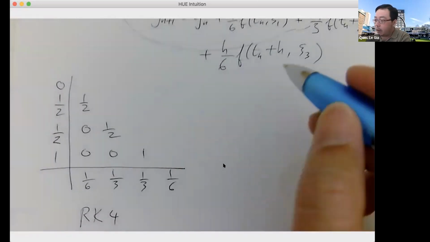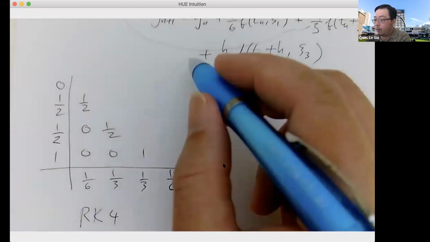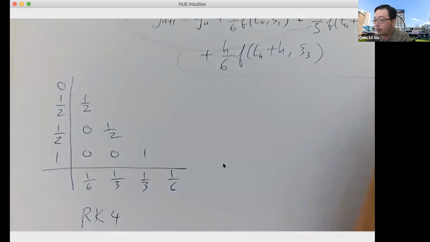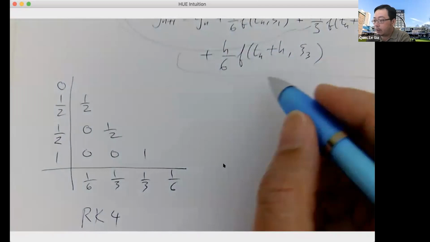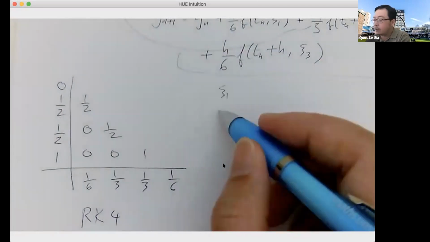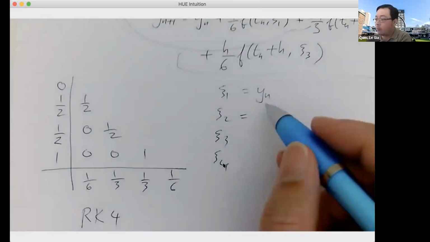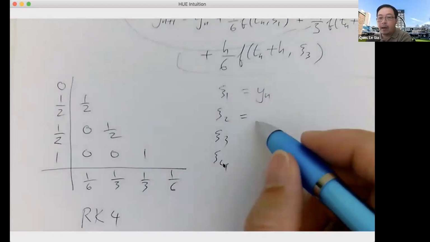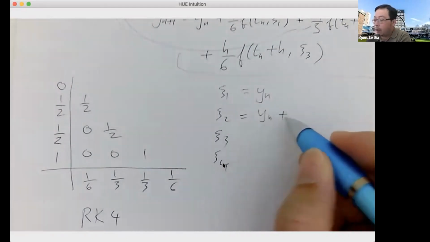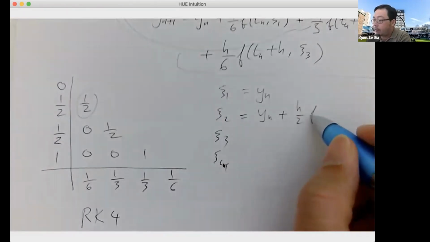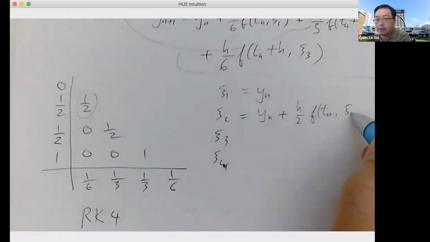So you see that the number of stages is 4, right? So you have xi1, xi2, xi3, xi4. So xi1 starts with yn. For an explicit method, xi1 always starts with yn. And then xi2 is yn plus, so this 1/2 here, you get h over 2 f of Tn xi1.